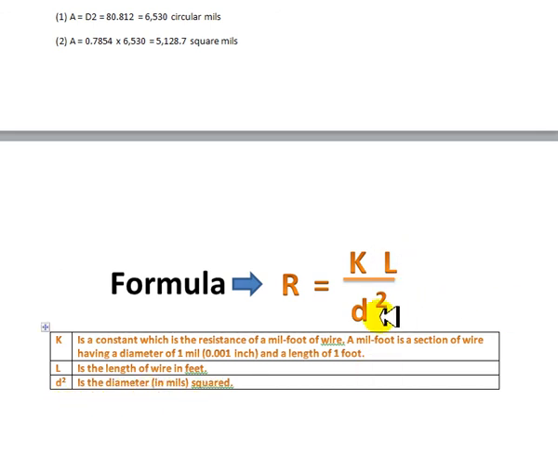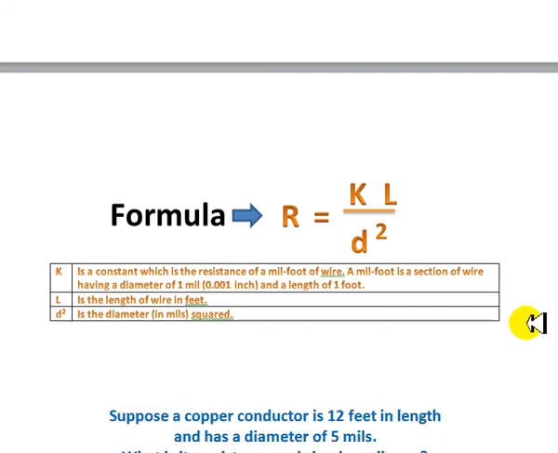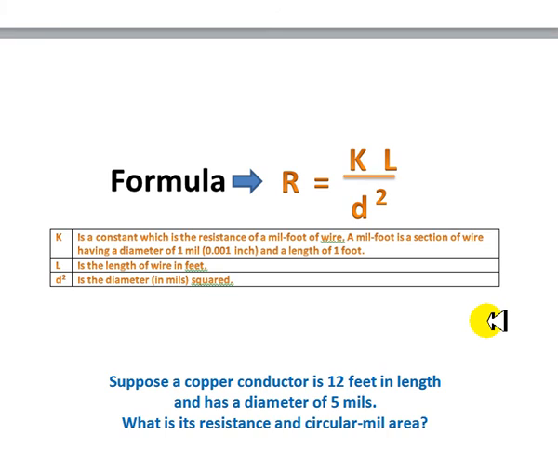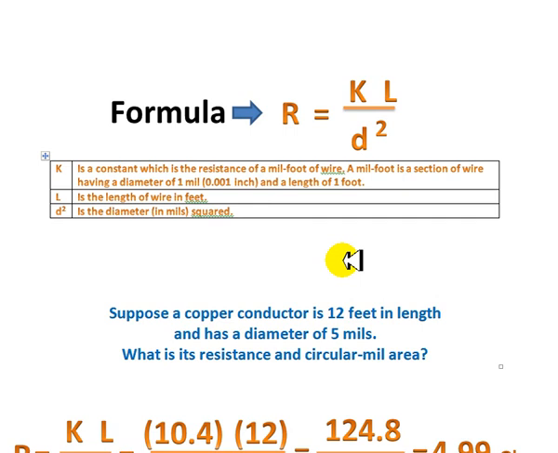Don't forget that D has to be in mil. If you've got a wire whose circular mil is 25, that means it's 5 mil, 5/1000th of an inch, and we'll use that one as an example. By the way, we're going to use a 36 gauge wire about 12 feet long and measure the resistance.